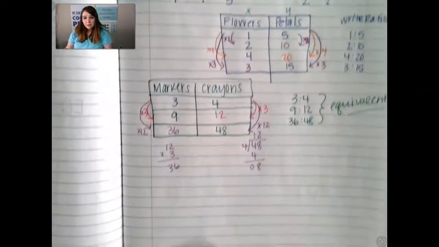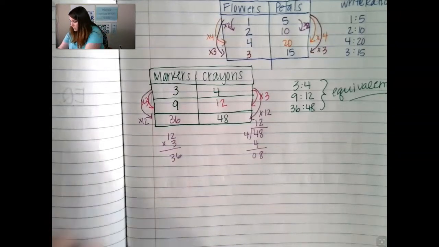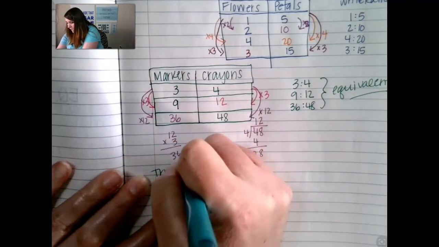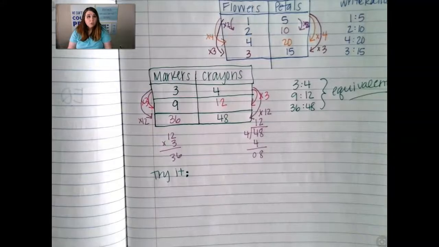All right, 6th graders, it is your turn to do a try it. So let's go ahead and do a try it. In your try it, you are comparing fruits to vegetables.